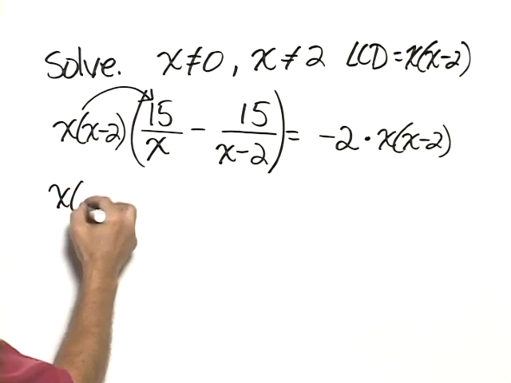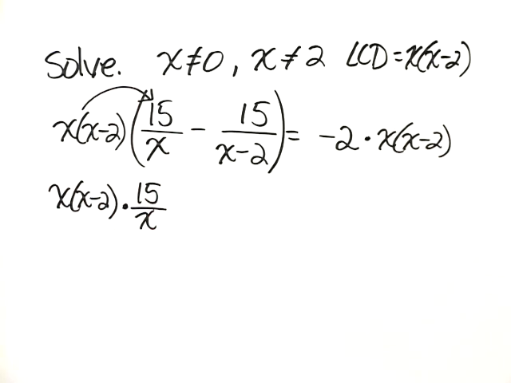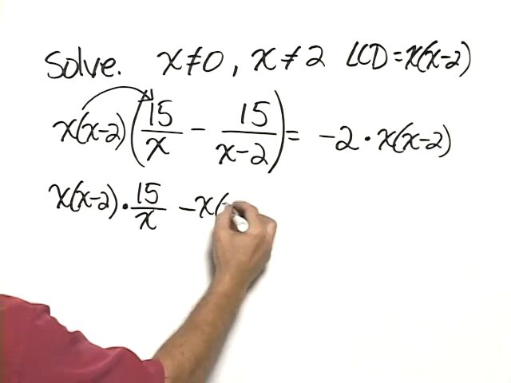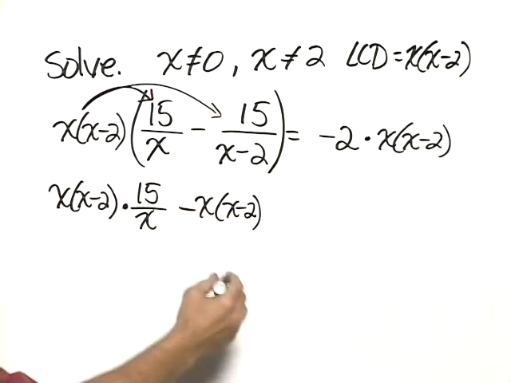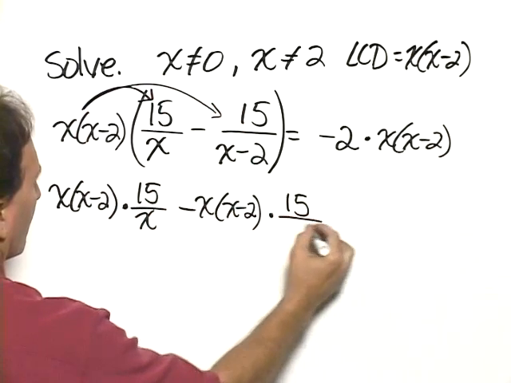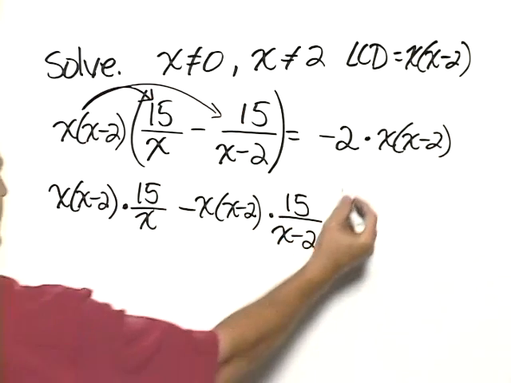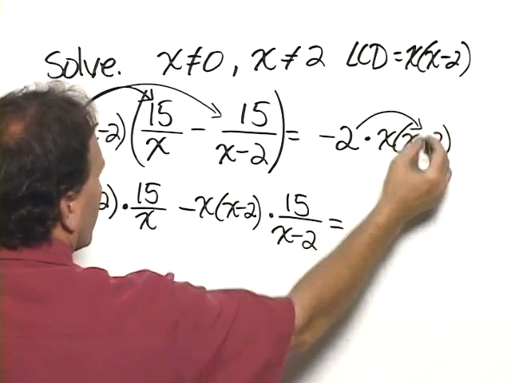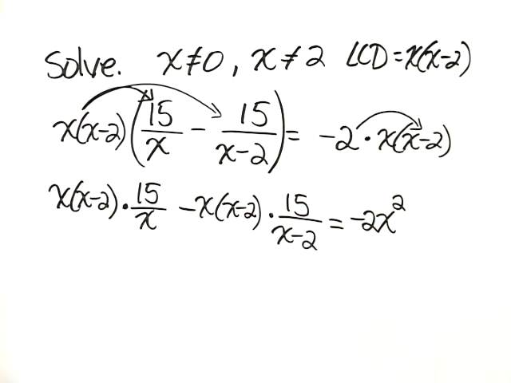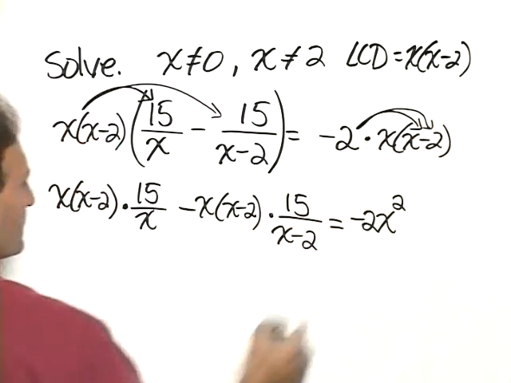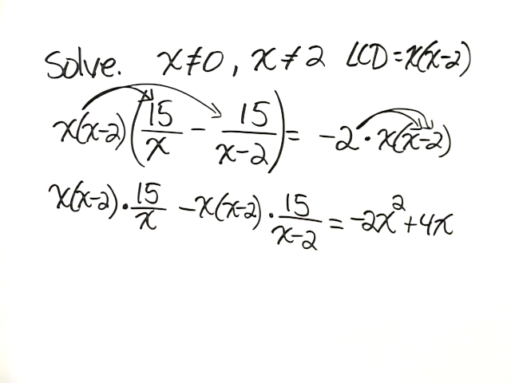So we have x times x minus 2 times 15 over x minus x times x minus 2 times 15 over x minus 2. On the right-hand side, we have a negative 2x to distribute. So we get negative 2x times x, which is negative 2x squared, and negative 2x times negative 2, positive 4x.